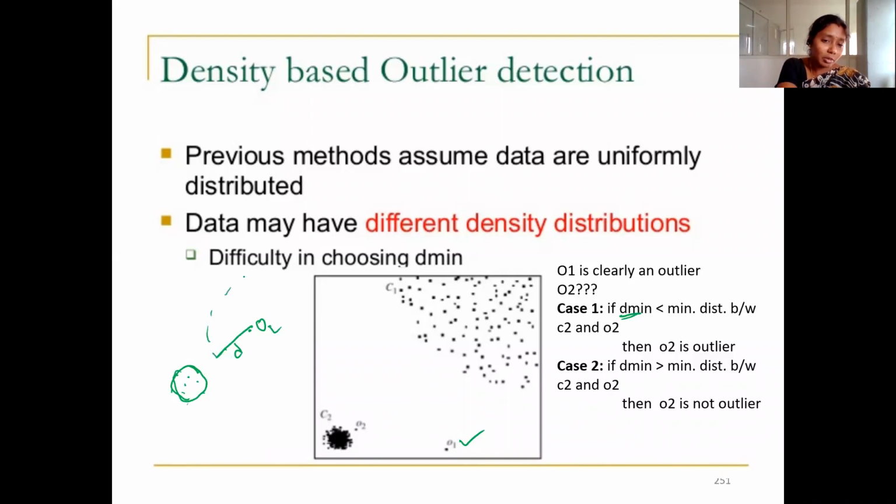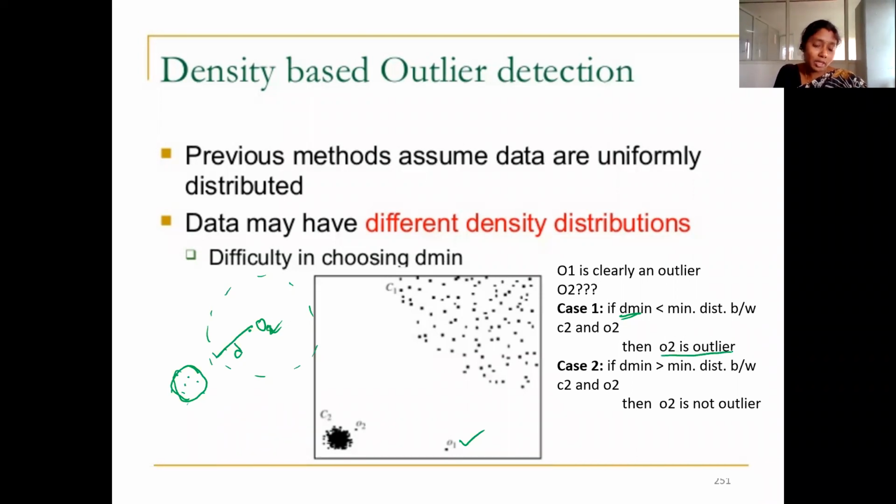So I need to draw the neighborhood first. Here, is there any object within the neighborhood of O2? There is no object, right? O2 is alone. There is not a single neighbor there. Since O2 is alone, there is no object within the neighborhood of O2. So in this case, O2 is declared as an outlier. There is no problem.